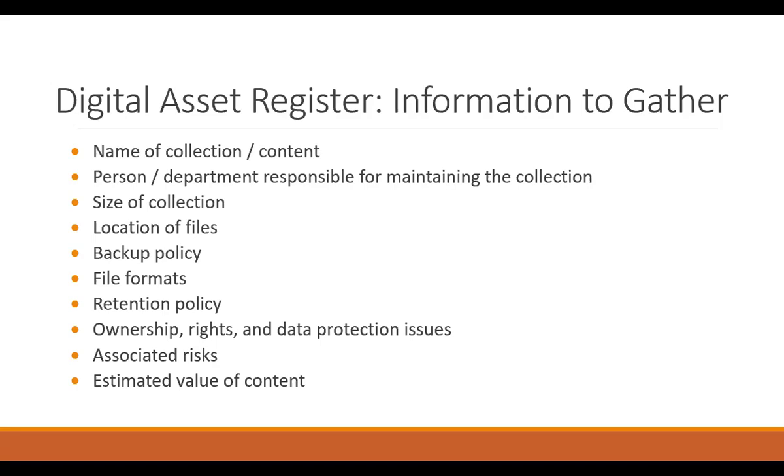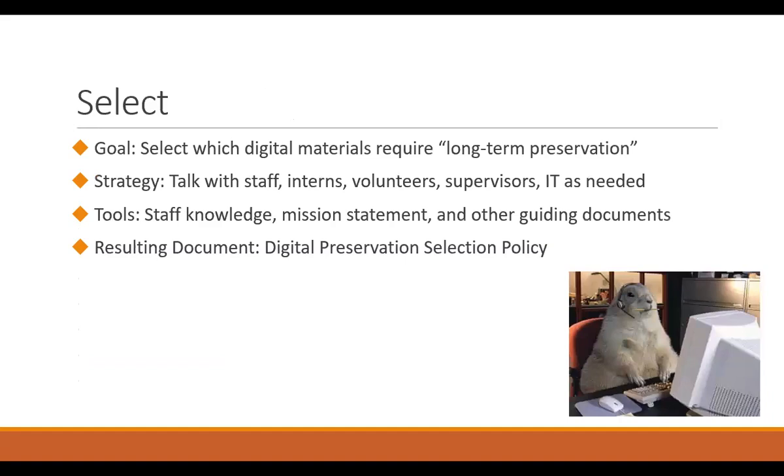So once we have a beginning inventory to work from, the next step would be to select. Once we know what we have, we can make more informed decisions about what we are going to protect. The goal here is to identify information that is deemed to require long-term preservation.